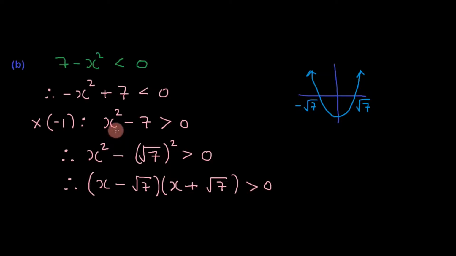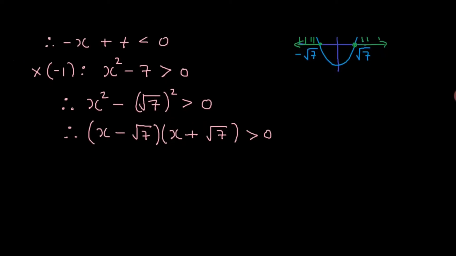We want to know where the graph of y equals x squared minus 7 is greater than 0 or above the x-axis. So we see that from negative square root 7 towards the left, it rises above the x-axis, and then from positive square root 7 towards the right, it also rises above the x-axis.